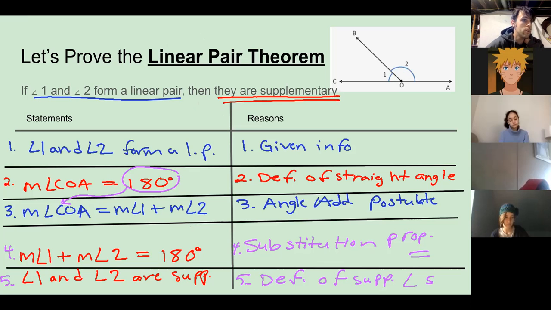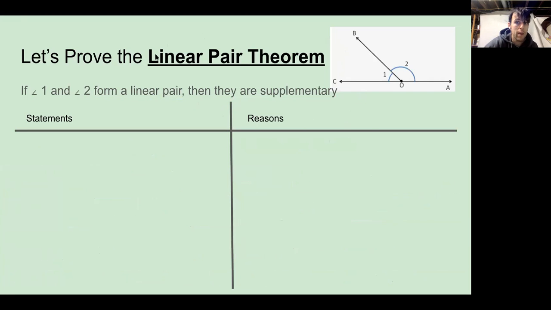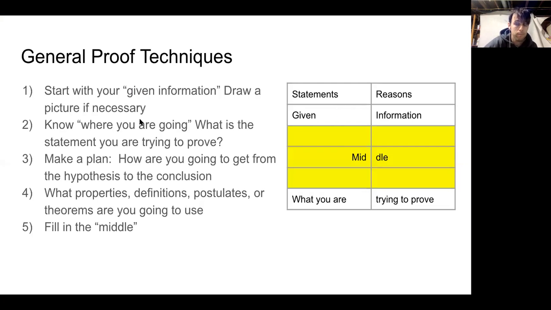I want to make sure that people are understanding the basic ideas of how to approach a proof. I tried to talk about some important concepts here, but I want to look at it again, and at how you should go through this process, especially if you're having trouble with it. So here's a basic outline of a proof. You have your given information up top.